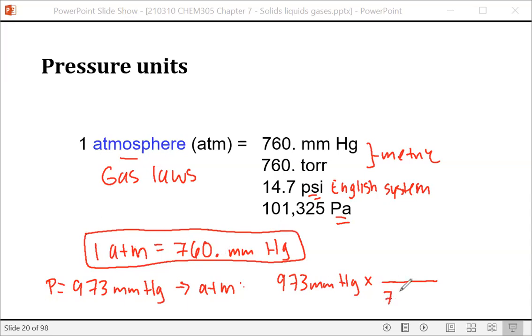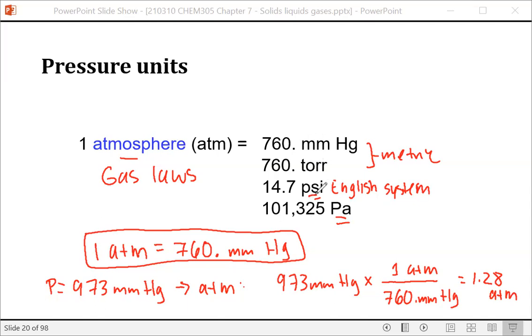So we go 760 millimeters of mercury, 1 ATM. We check our units and millimeters of mercury cancel out and we're left with atmospheres. So if I do this, 973 divided by 760, I get 1.28 atmospheres.